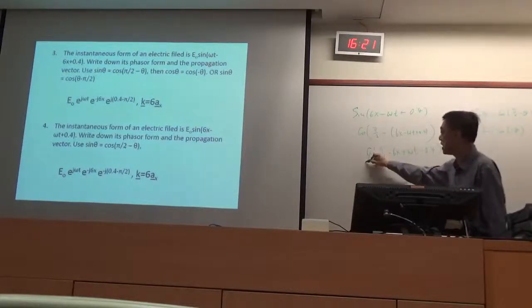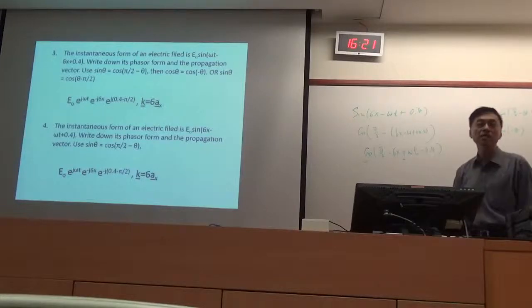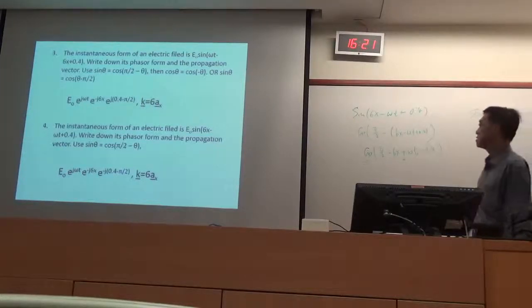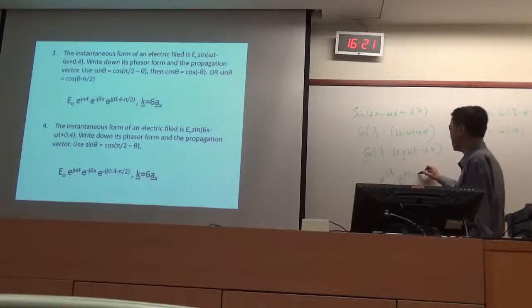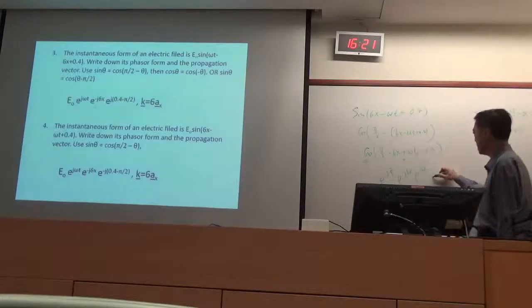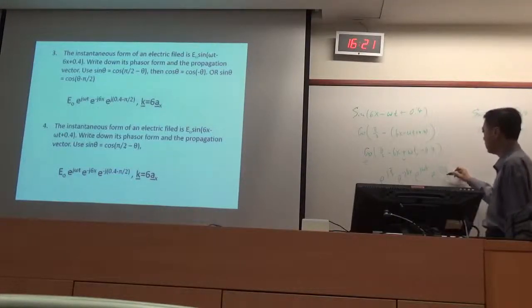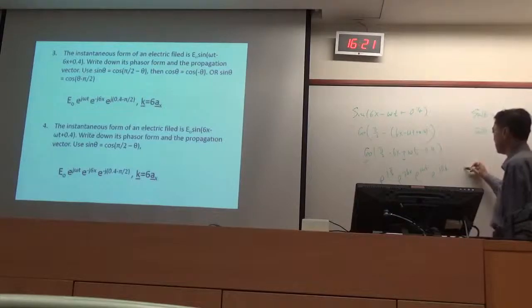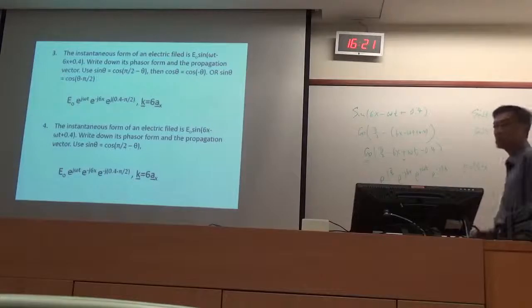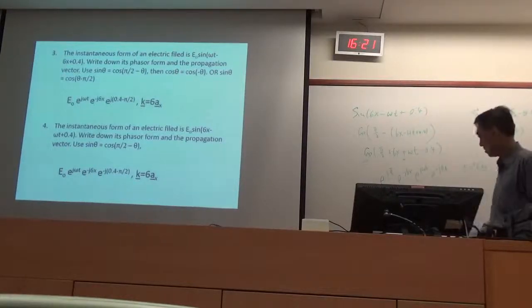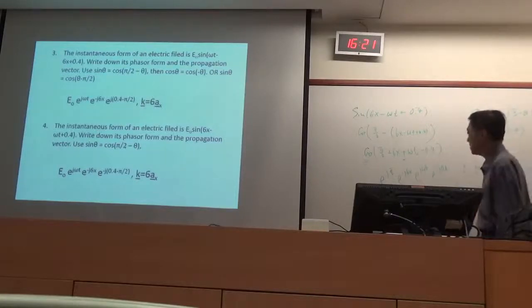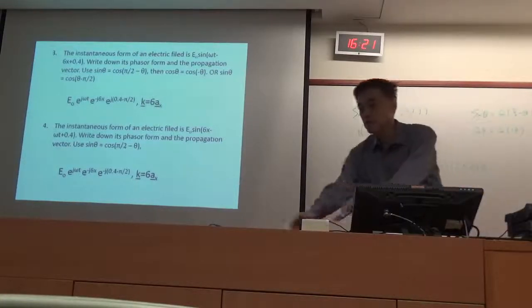Okay, you got a cosine, you got a plus omega t, you are home. Alright? So now it is e^(j pi by 2), e^(minus j 6x), e^(j omega t), e^(minus j 0.4). So once again, k is equal to plus 6ax. Now, this one can be plus, no problem. If this one ends up being plus, it is alright.